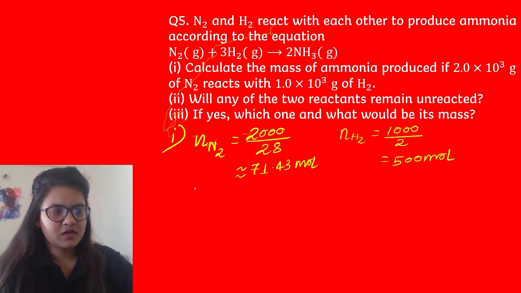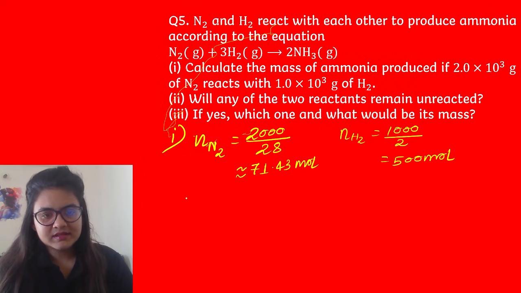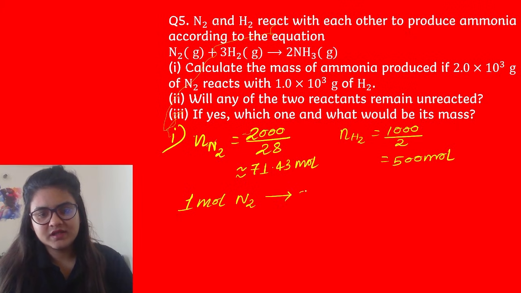Now how do I proceed? We have to find out the limiting reagent first. By looking at the equation you can tell that 1 mole of N2 always reacts with 3 mole of hydrogen, right?